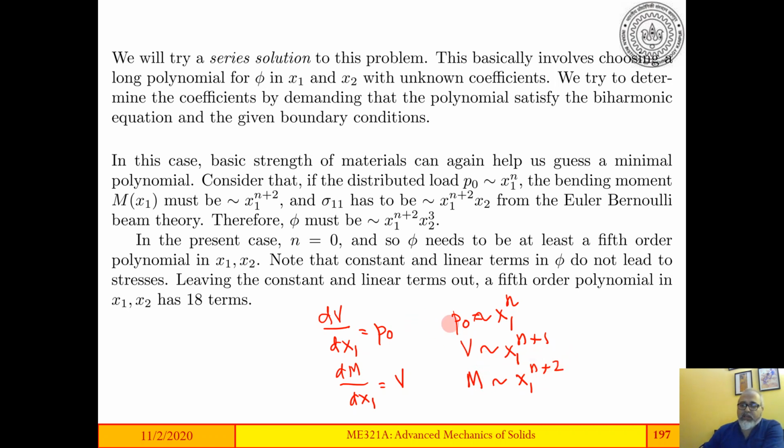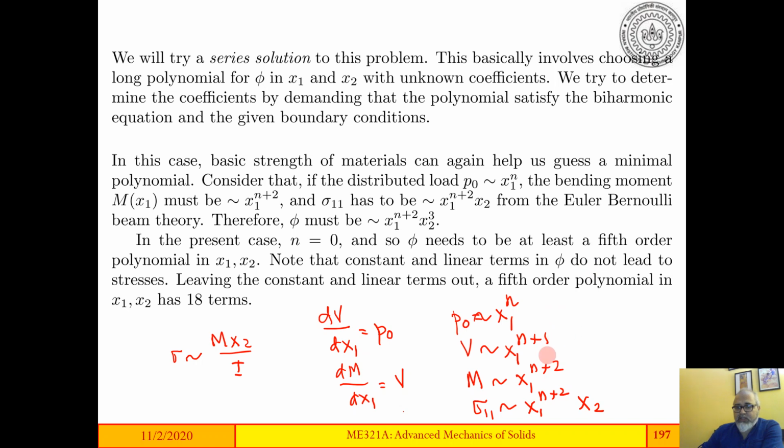And then the stress is M x2 by I. So the stress would be x1 to the power n plus 2 into x2. Stress will be of this form, and the stress will be only sigma 1,1. That's the only one that is allowed.